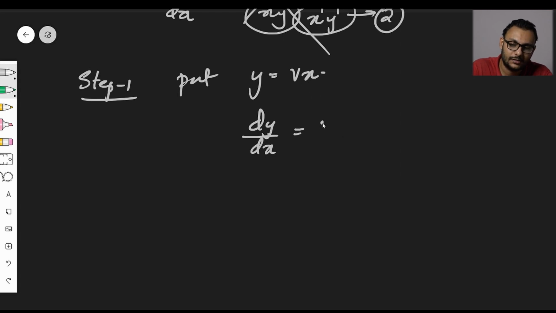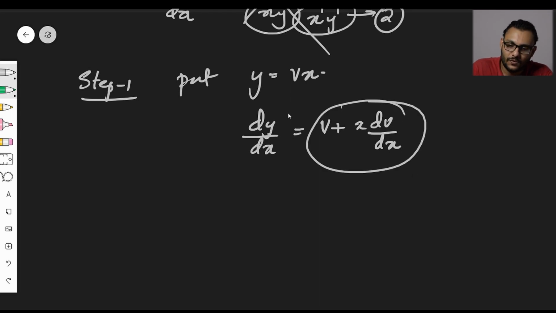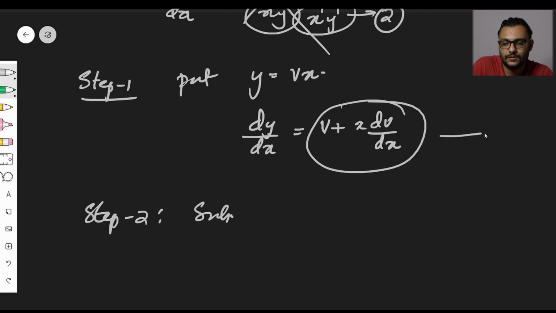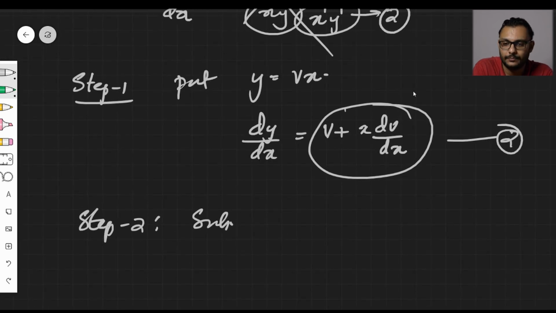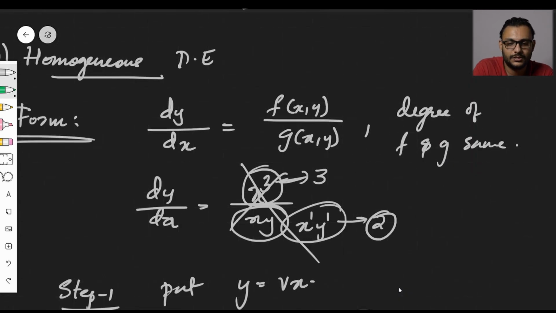So we can write it as v plus x into dv by dx. Substitute this value instead of dy by dx in the above differential equation, then that equation will become variable separable. So in step 2, substitute this into equation 1, our homogeneous equation.